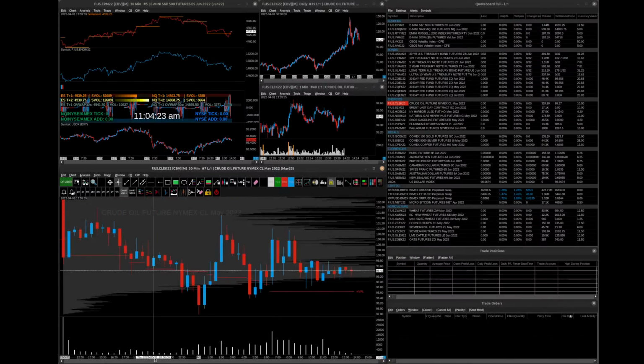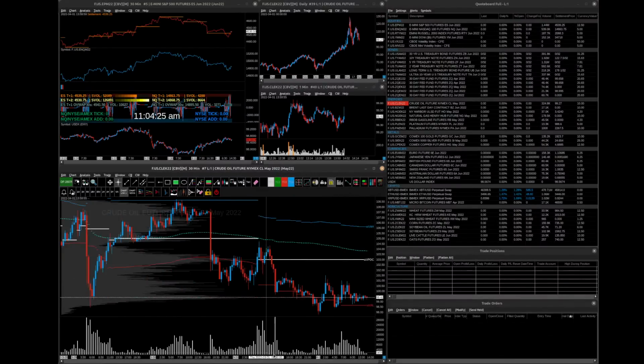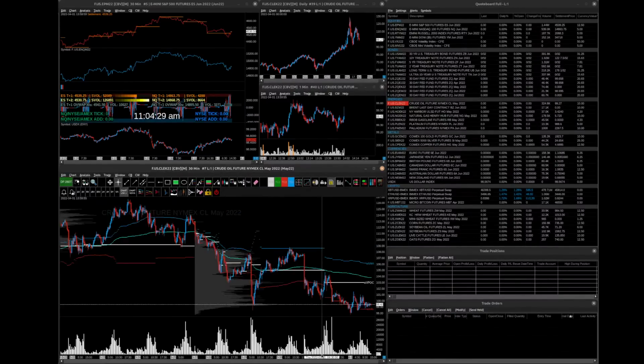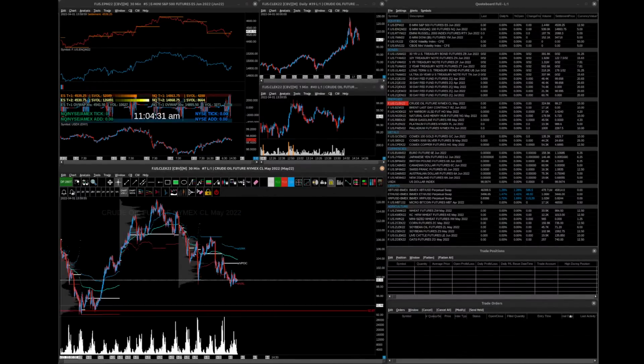We'll do an automatic scale. There we go. Clearly in a downtrend, isn't it? Short term. Going on 46. Nice.